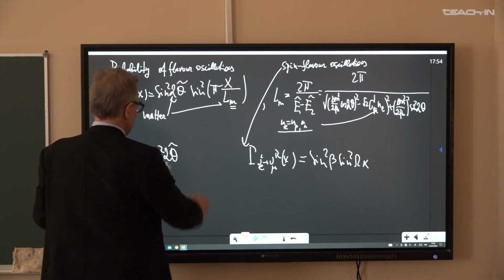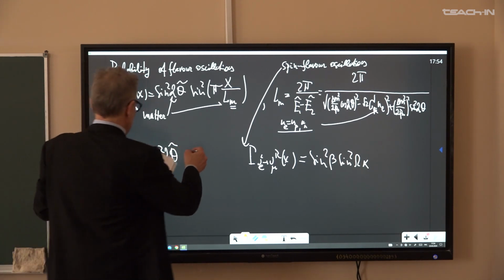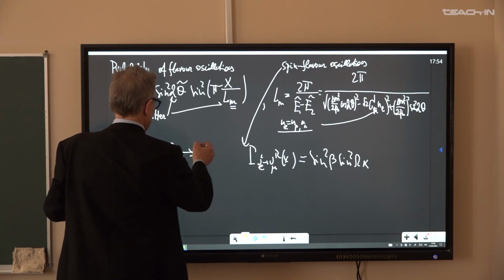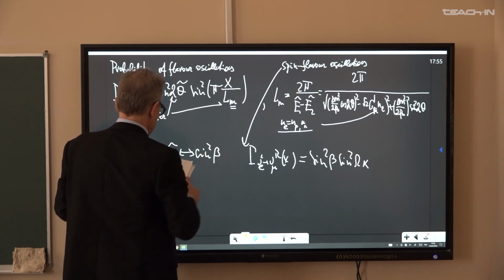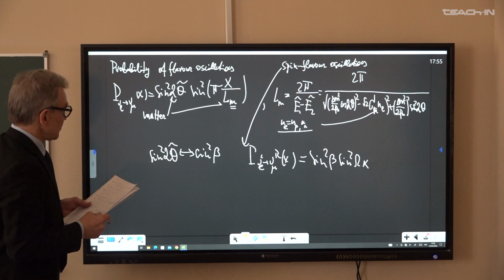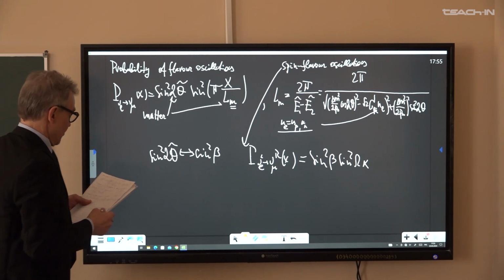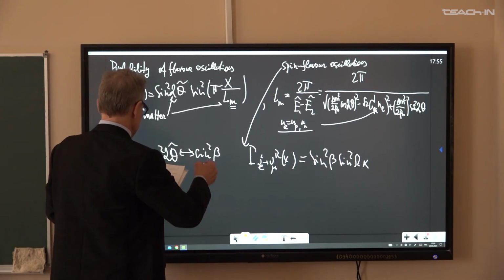This is the amplitude of oscillations in the case of flavor oscillations, and here is the amplitude of spin-flavor oscillations.